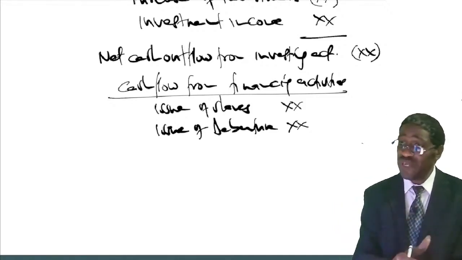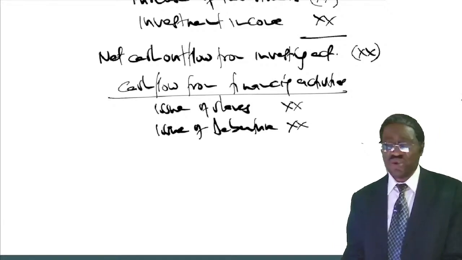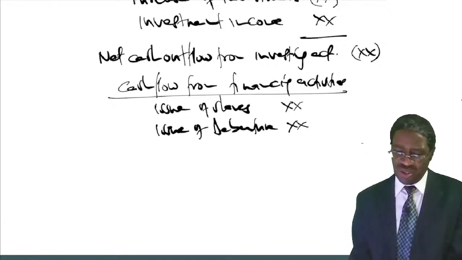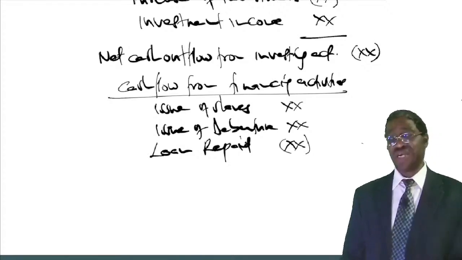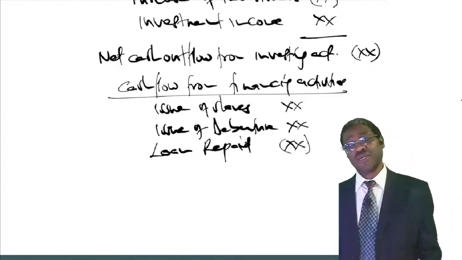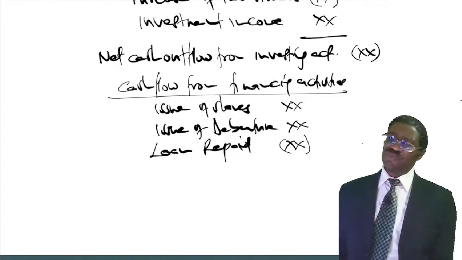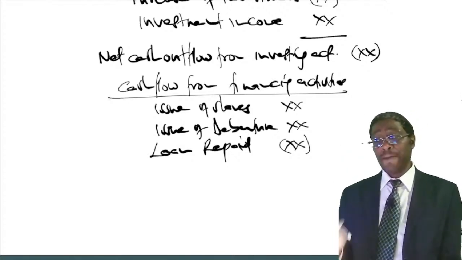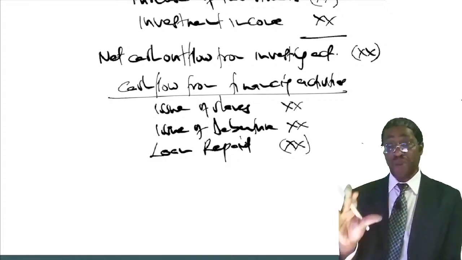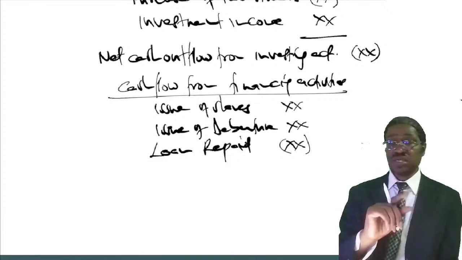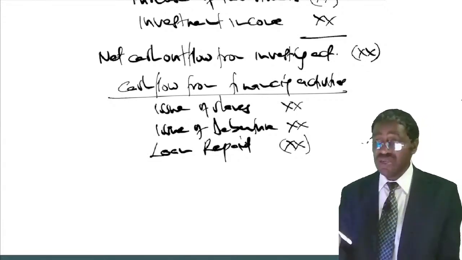Loan last year was 5 million. This year the loan is 2 million. You must have repaid your loan. So if there was any loan repaid, that is a financing activity, but a negative. For now, let us assume that those are the only major financing activities from your balance sheet: issue of shares, issue of debentures, and maybe loan repayment.